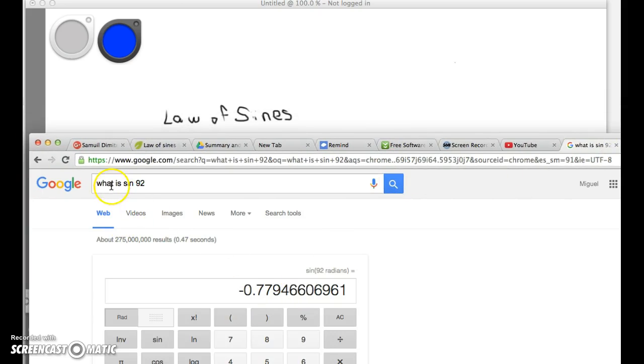Alright, the sine of 92 is negative 77 degrees. Okay, this is in radians. See that? We need to change it to degrees.